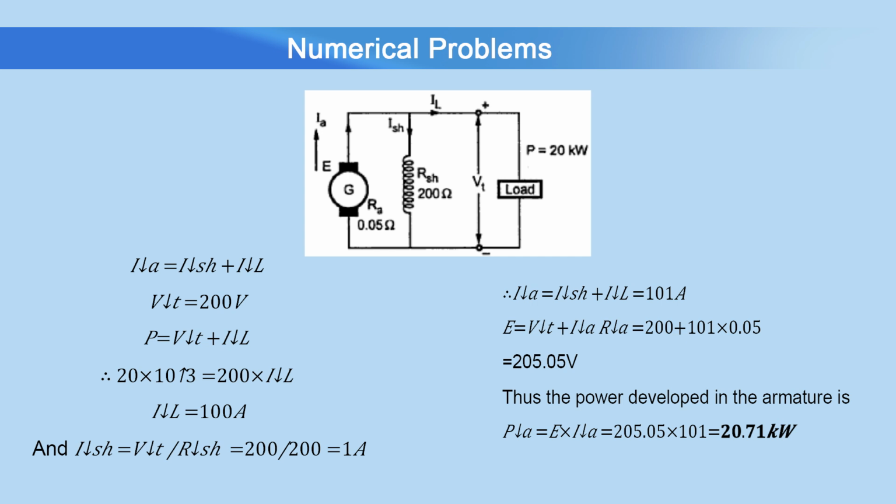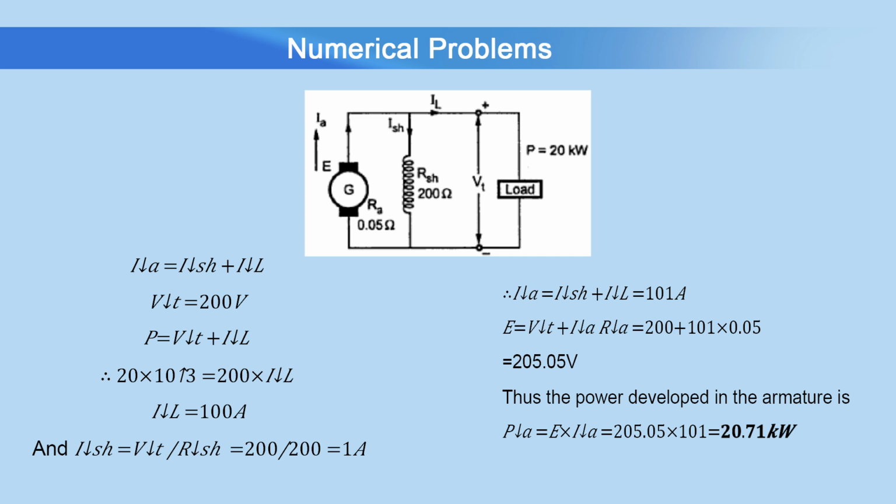Now substitute the value of ISH and IL in order to get the value of armature current. So armature current is ISH plus IL, which means 100 plus 1 ampere, which is equal to 101 ampere for armature current.